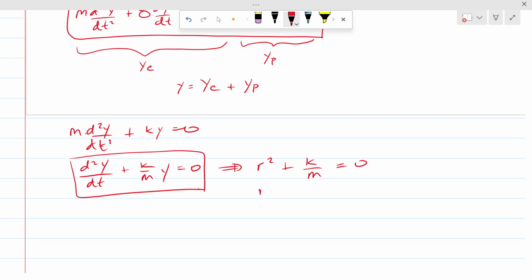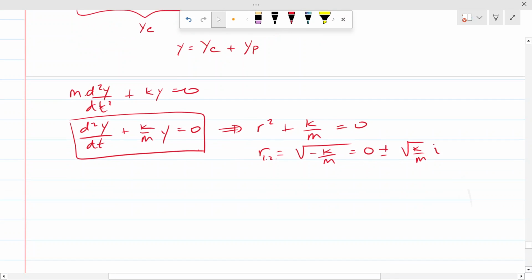The roots are complex numbers, the square root of negative k over m, which equals plus or minus the square root of k over m times i. In particular, there should be a 0 there, so it's 0 plus or minus the square root of k over m times i. Those are roots 1 and 2.